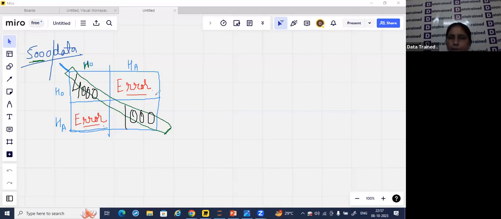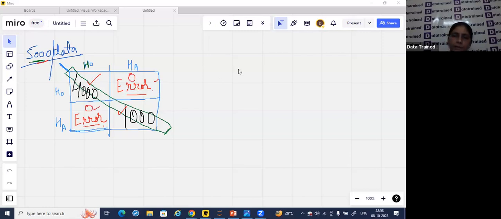Error, error. Actually, now these two blocks confirm certain error. So currently, because 5,000 rows are either here or here, but none of the rows are left. So here I will say there is a zero error, zero error.